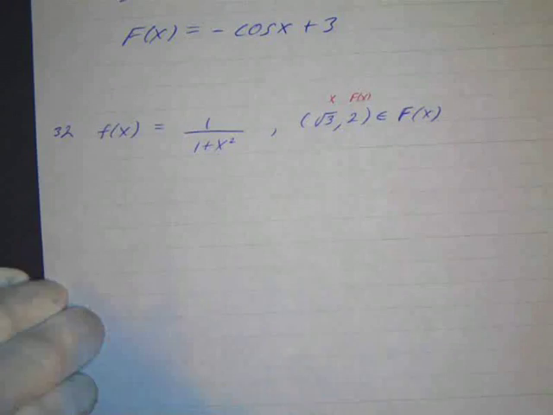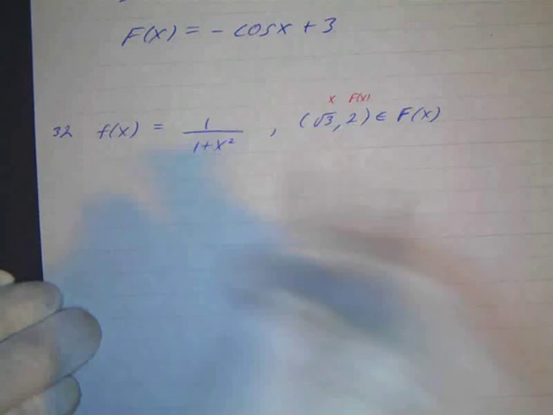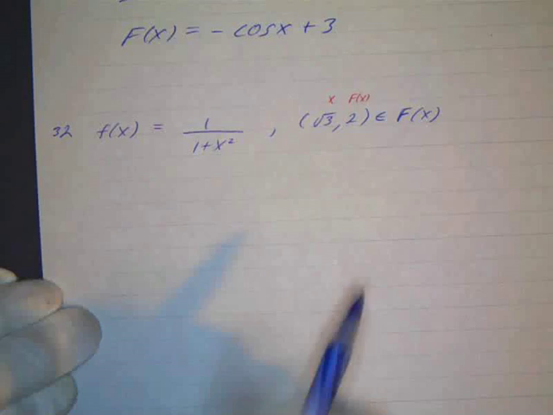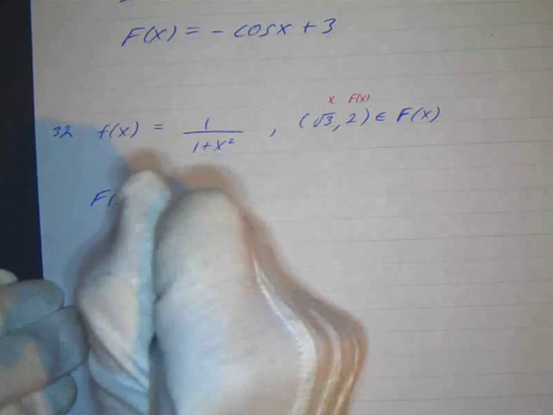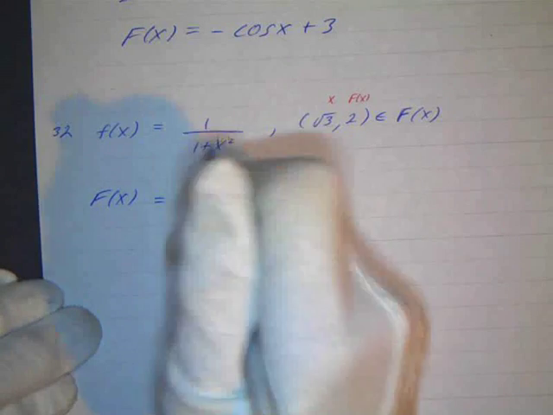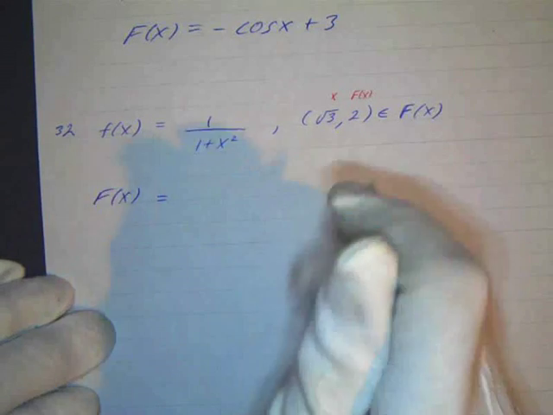And this looks like our antiderivative. Well, the derivative of what is that? Well, if you look at your flashcards, that's one of our formulas. The derivative of the arctangent.